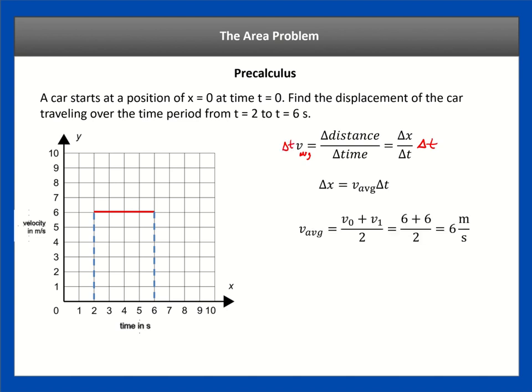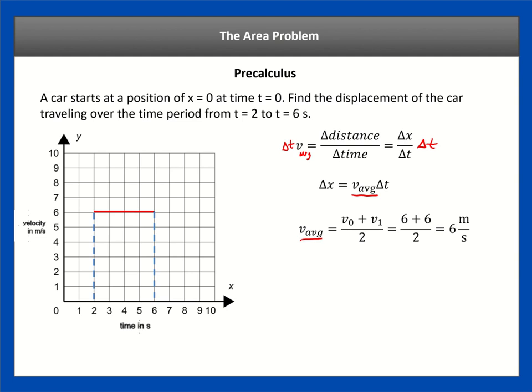Now, average velocity is essentially just adding the two velocities and then dividing by 2. This is for a line, right? So if I have a line, I can take the average velocity by simply adding the two velocities and dividing by 2. For any simple curve, this is going to work.